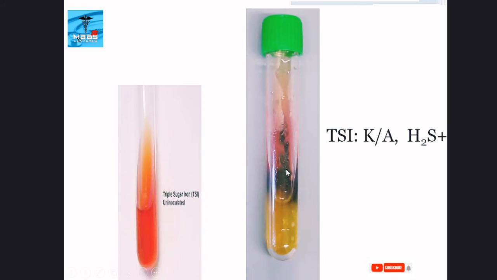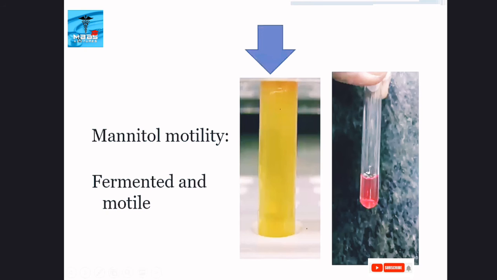Then we get a black color on the slant, that is a black streak line. It indicates H2S production. It is very narrow in this case, and more H2S production is seen in Proteus species. So in TSI we get K/A with H2S production, that is, alkaline slant and acid butt with H2S gas production.